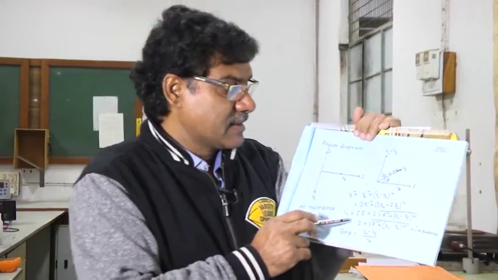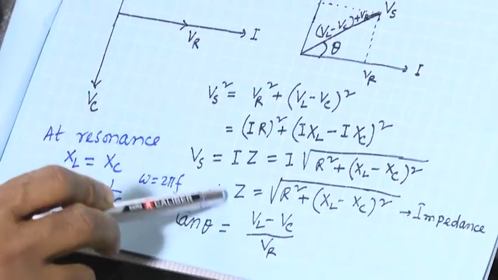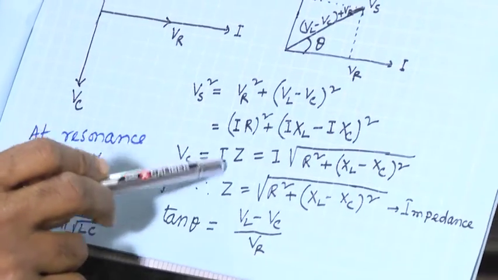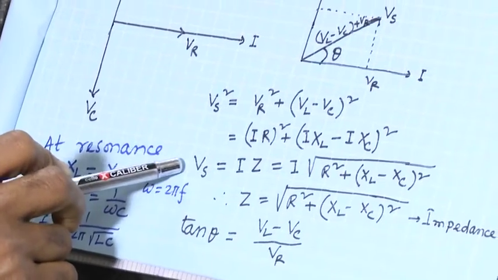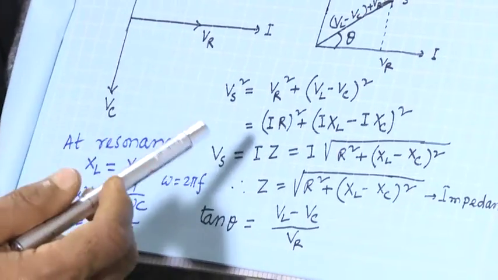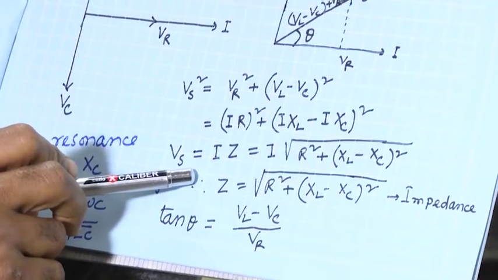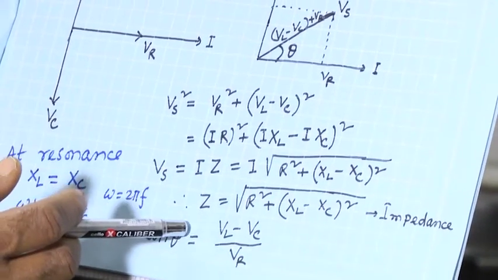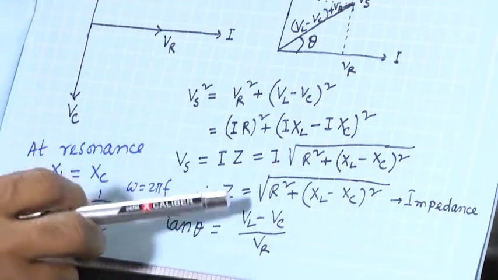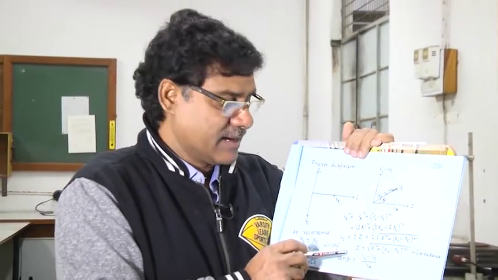The impedance changes, so your current also will change in the circuit for a particular source voltage Vs. At which frequency this current will be maximum, that is what interests us, and that is called resonance, and that frequency is called the resonance frequency. So we will find out the resonance frequency for this LCR circuit.